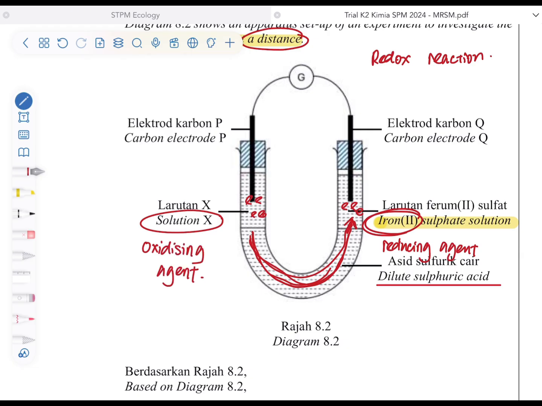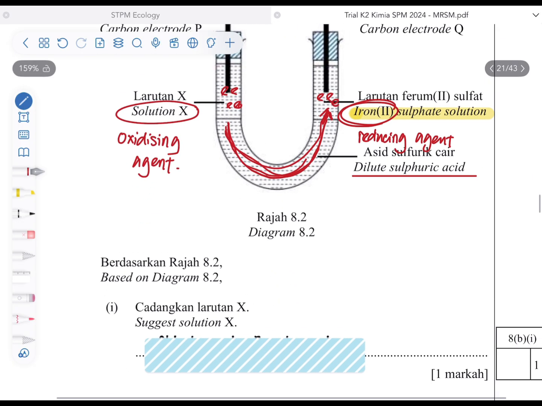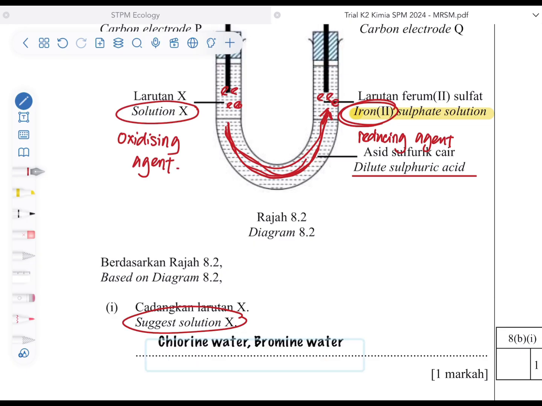This is similar to question 6 just now, where they ask you to suggest the solution X. So you need to know solution X is the oxidizing agent. So the answer you can write is anything under the category of oxidizing agent, for example, chlorine water, bromine water, acidified potassium manganate(VII), or acidified potassium dichromate solutions.